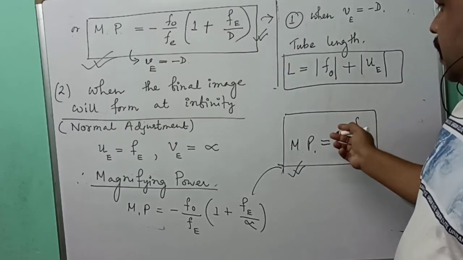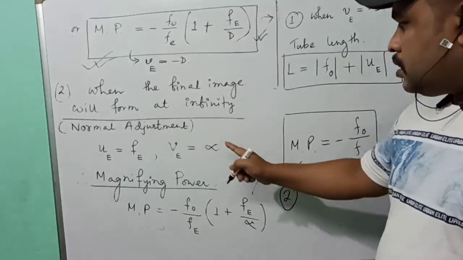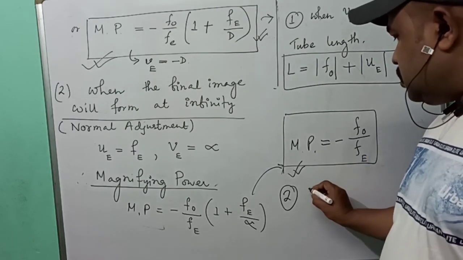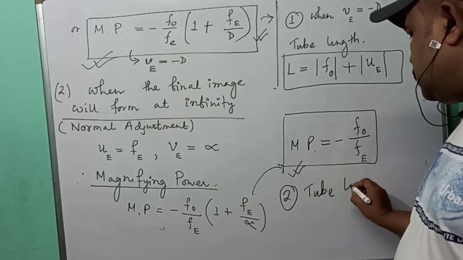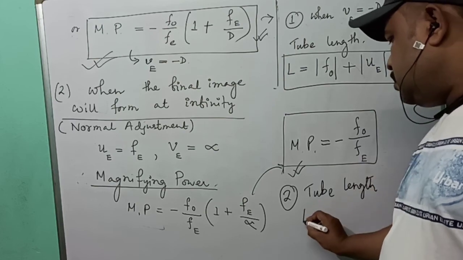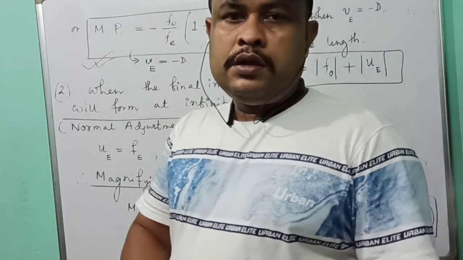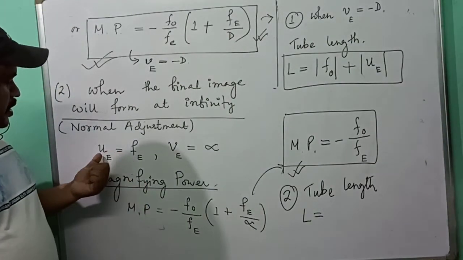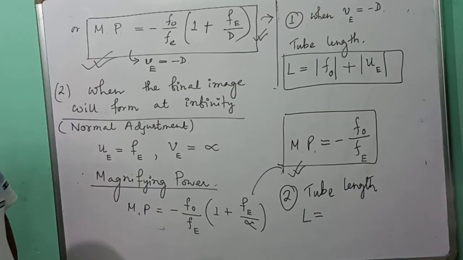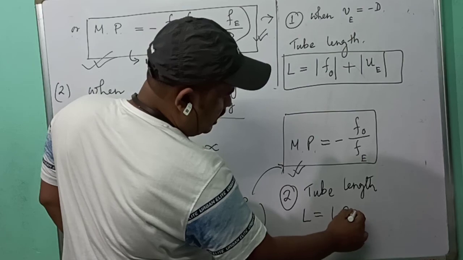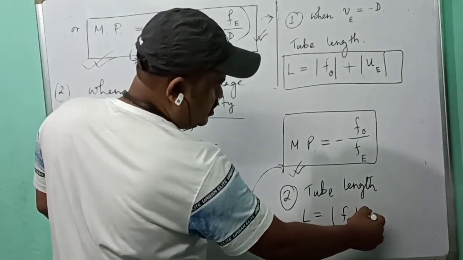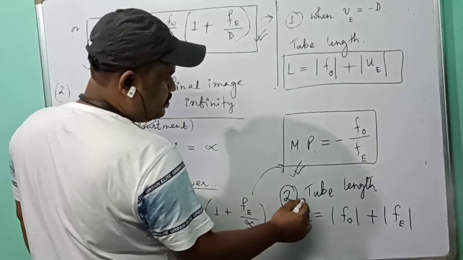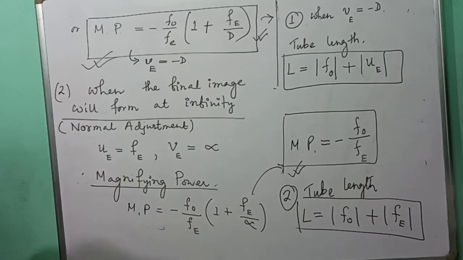And in the second case, when the final image forms at infinity from the eyepiece lens, the tube length, the separation between the objective and eyepiece lens, with UE becoming the focal length of the eyepiece lens, will be the sum of the focal length of the objective lens plus the focal length of the eyepiece lens.